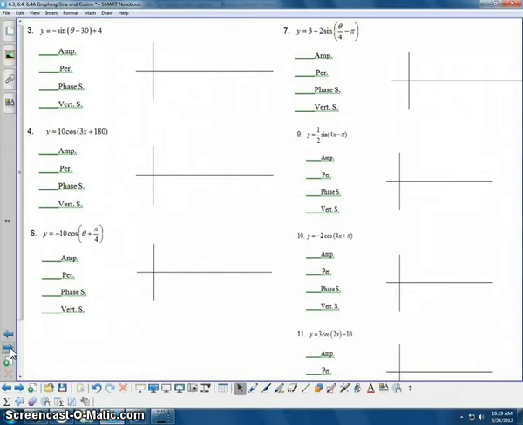All right, so I'd want you, let's see if I can copy this. Sorry. So I'm going to write this. I would want to write it as y equals negative sine of theta minus pi over 6 plus 4.